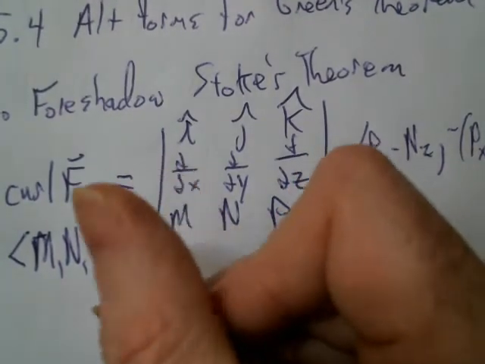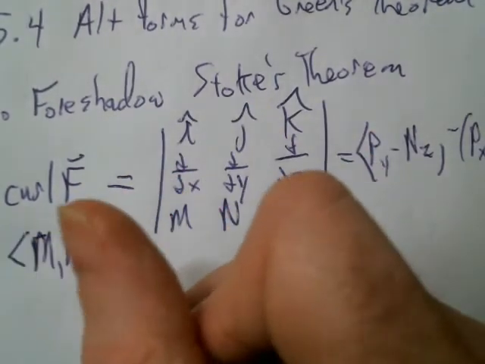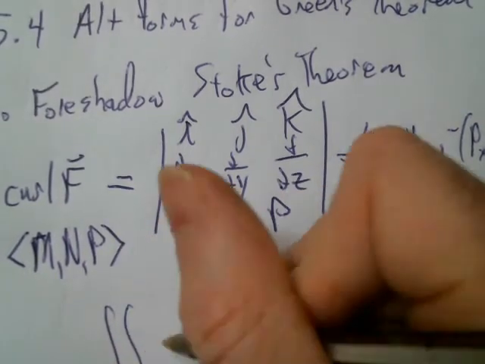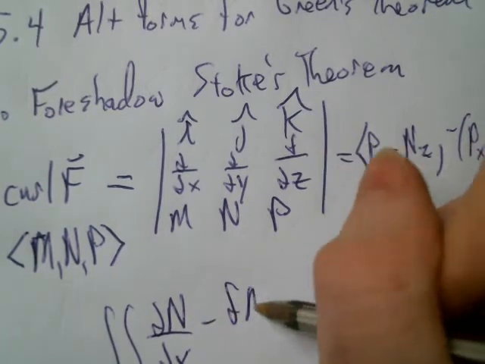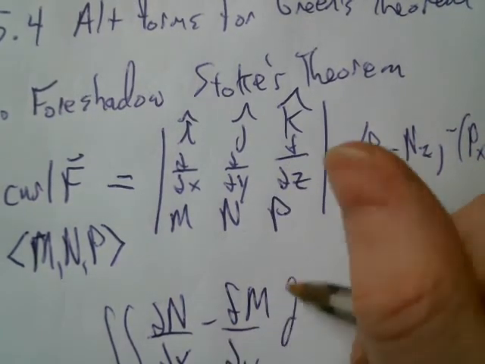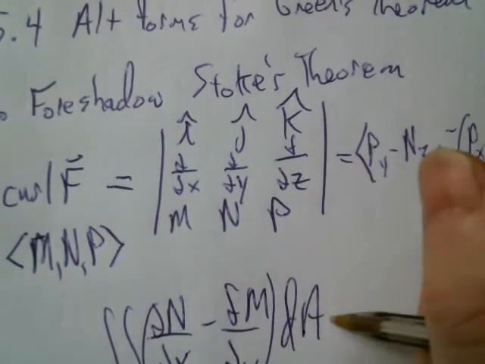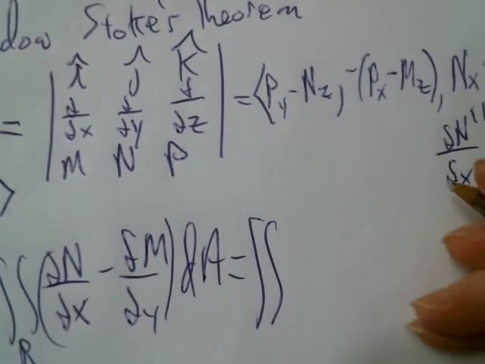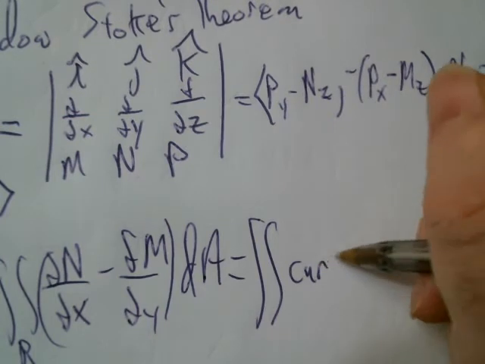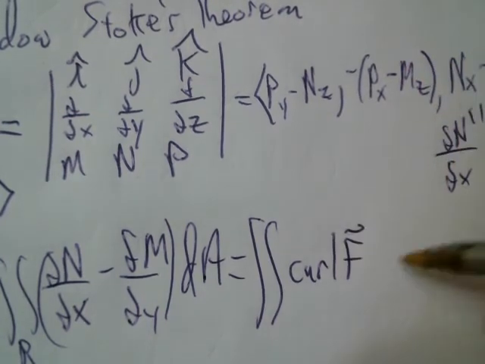Instead of writing the double integral of this thing, dA, I can now rewrite it as the double integral of the curl of F, kind of.